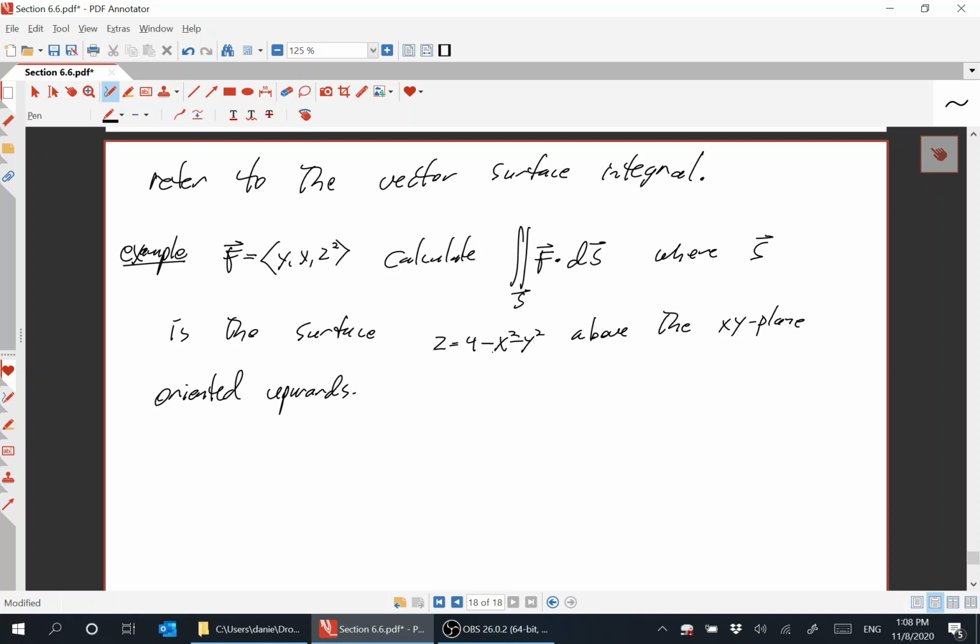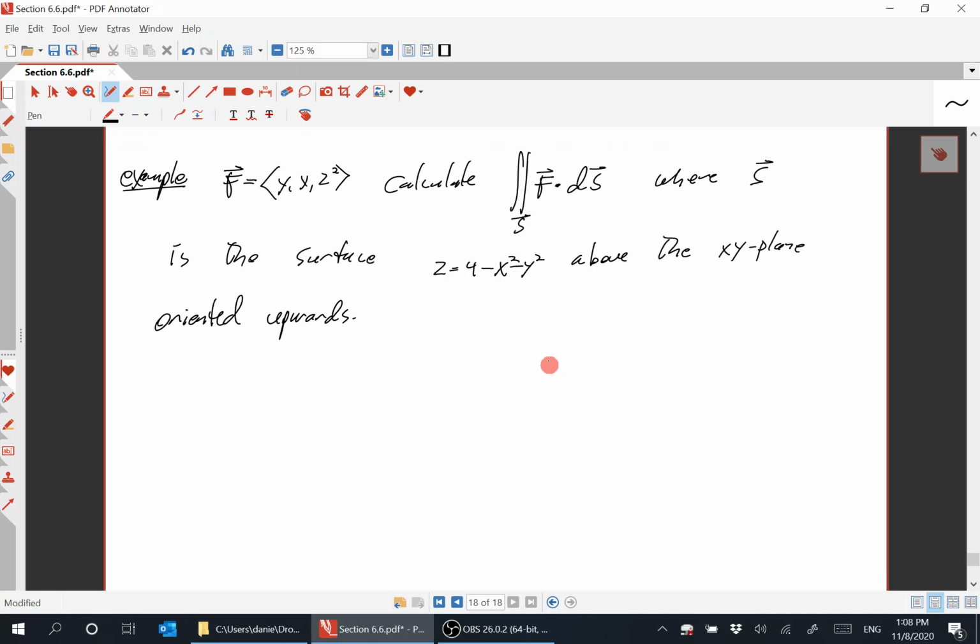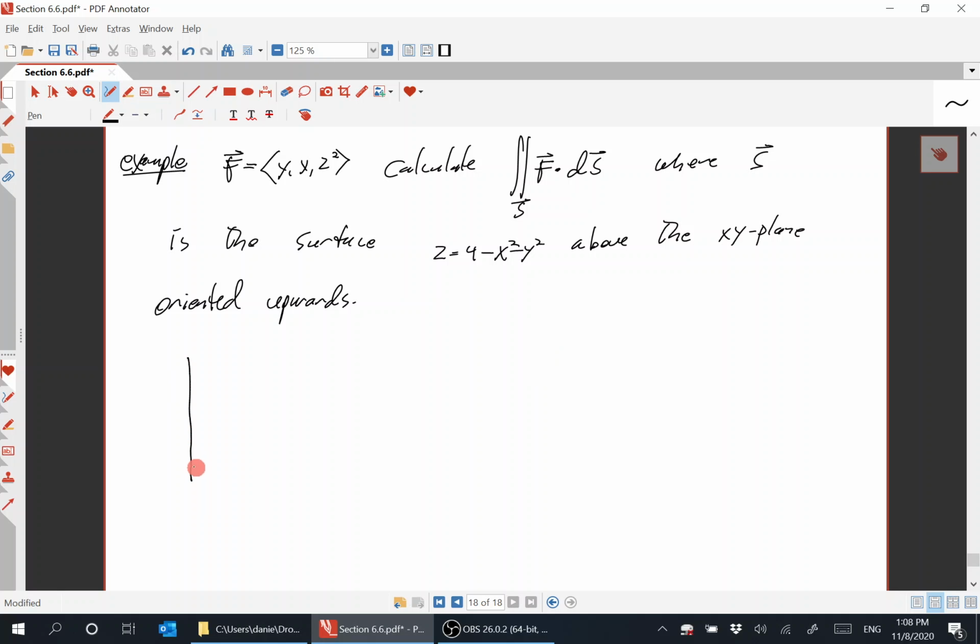So in this case, the cross product that we're going to want is Rx cross Ry. So a picture of what we've got going on here.